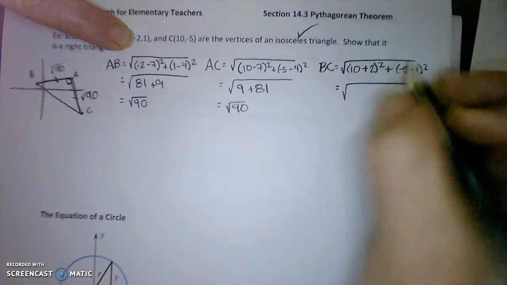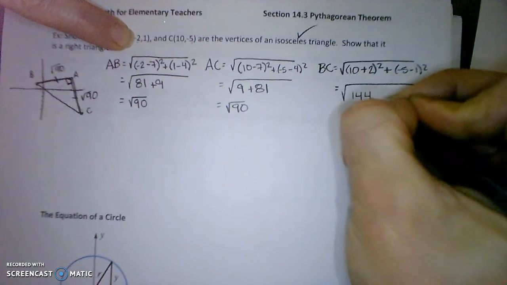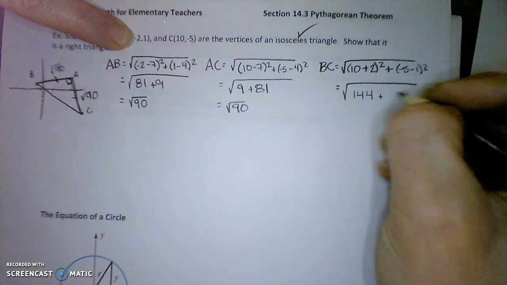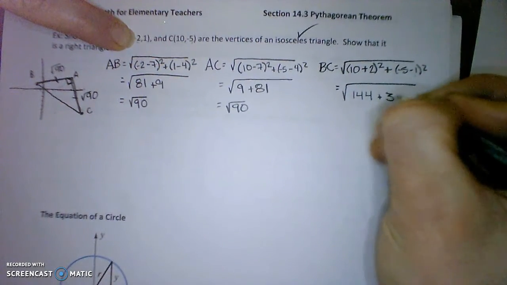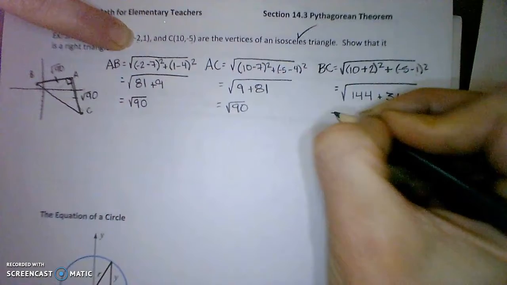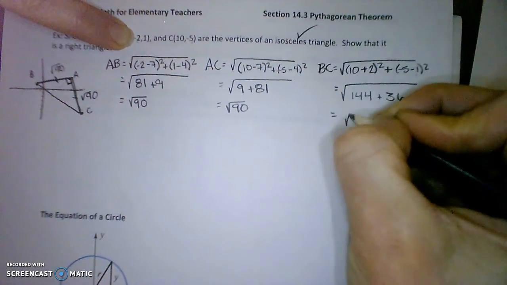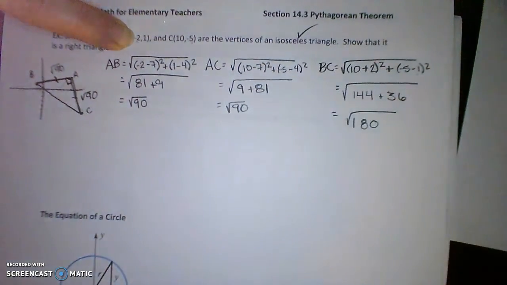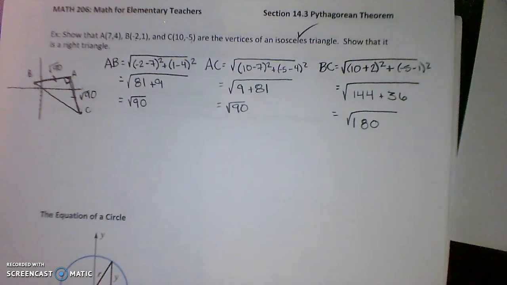So this is 12 squared, which is 144, plus negative 6 squared, which is 36. Negative 6 squared is positive 36. And when you add those together, we get the square root of 180.